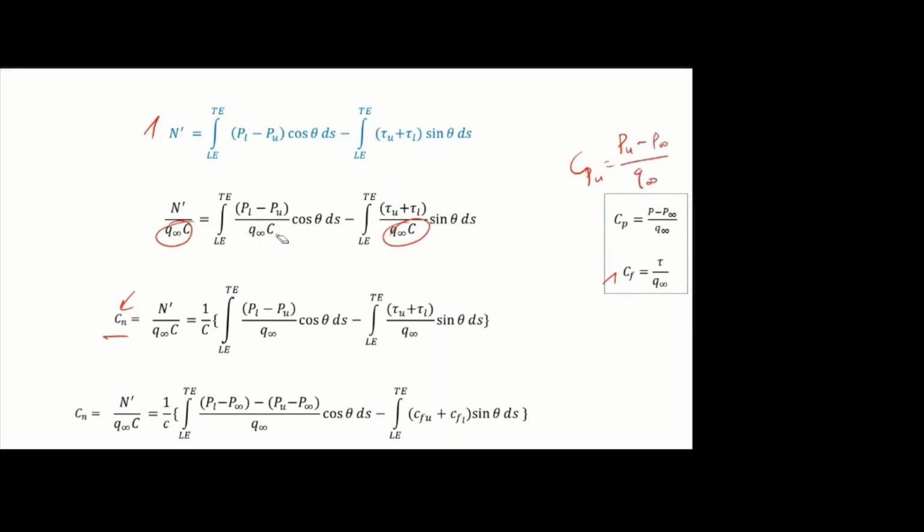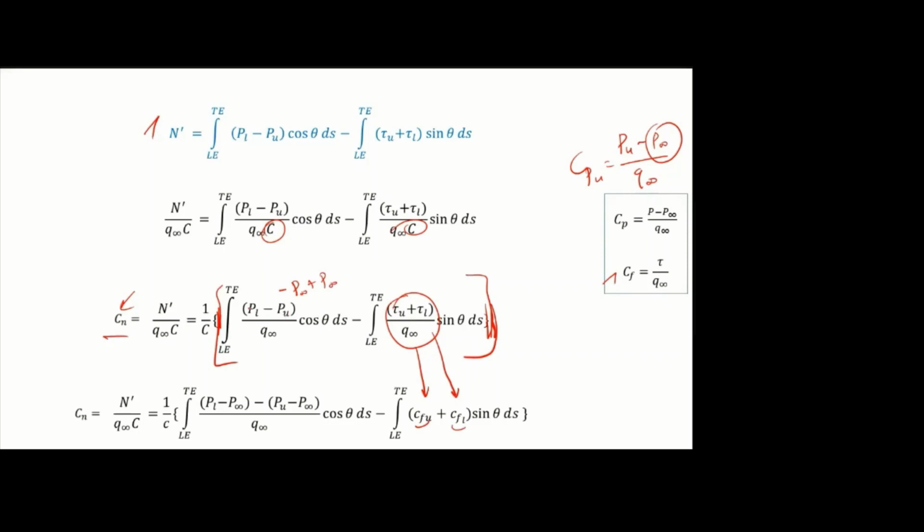So this C term I am taking outside, so it is 1 by C in the remaining equation. And now this I can write as CFU and CFL, coefficient of friction on the upper surface, coefficient of friction on the lower surface. But this one I cannot directly resolve because I need the P infinity term. So to convert this, I am introducing minus P infinity plus P infinity in this equation.